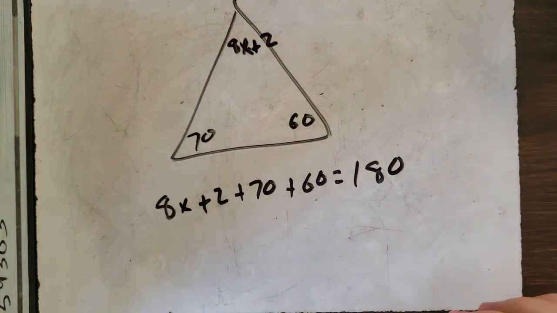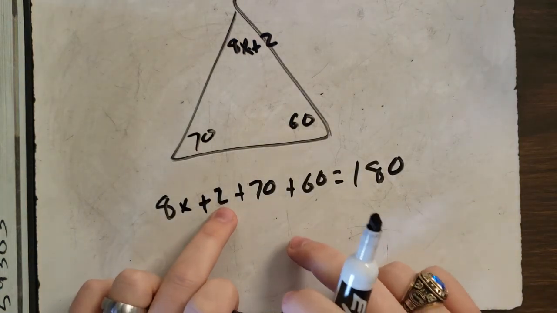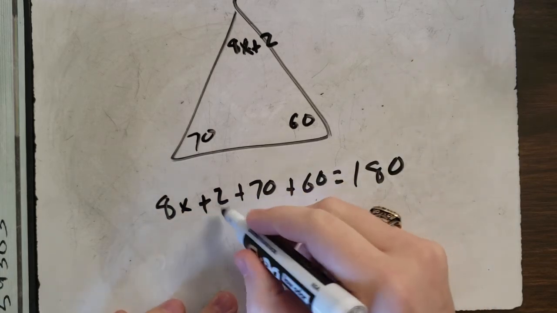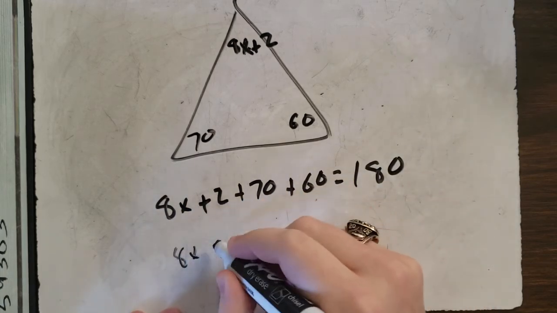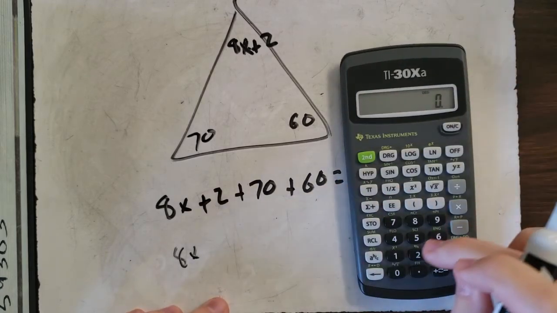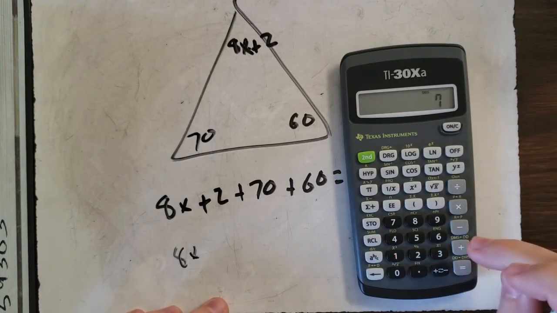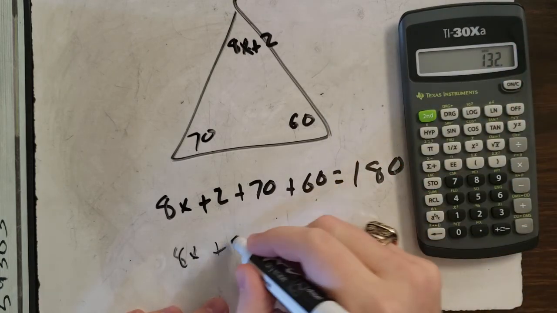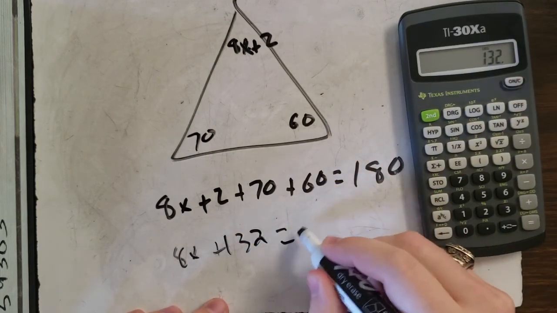Now add up your like terms. You have 2, 70, and 60. You can't add the 8x because it has an x. So bring down your 8x, and then we do 2 plus 70 plus 60, and that equals 132.